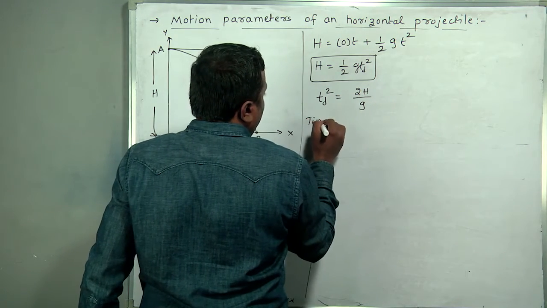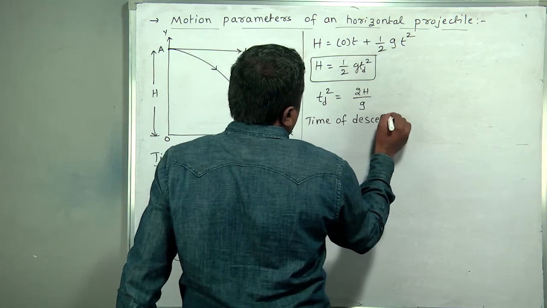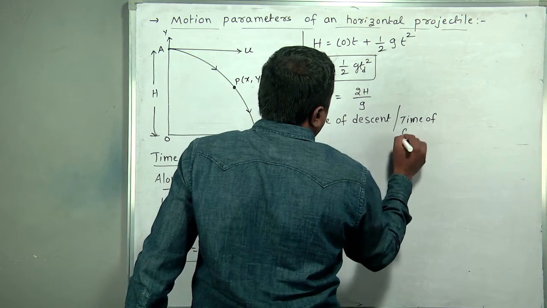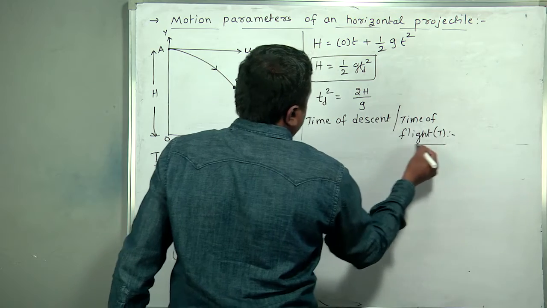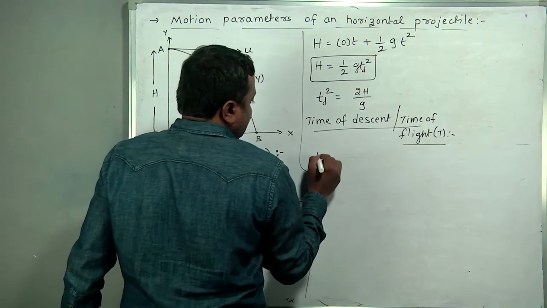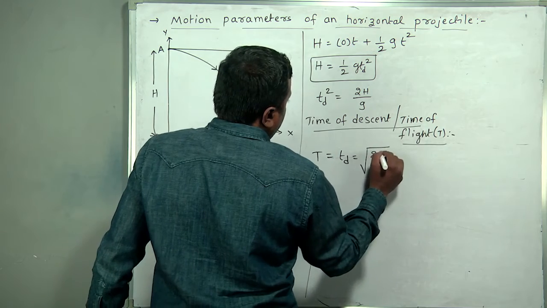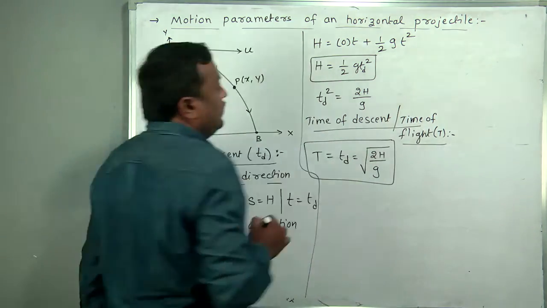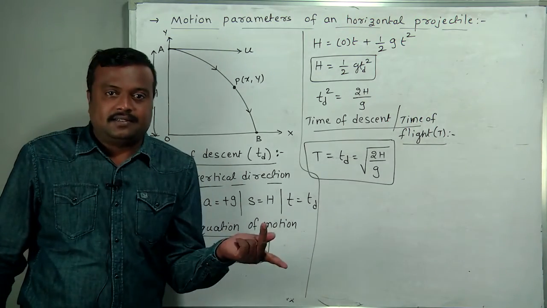Time of descent is also called time of flight here. Time of descent or time of flight, both are the same for the horizontal projectile. In case of oblique projectile, we have different terms, but the values are the same for ascent and descent.